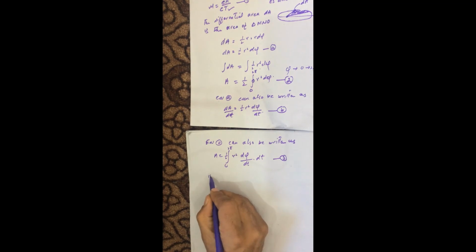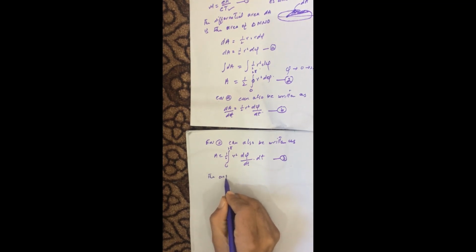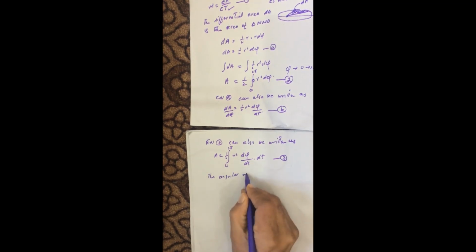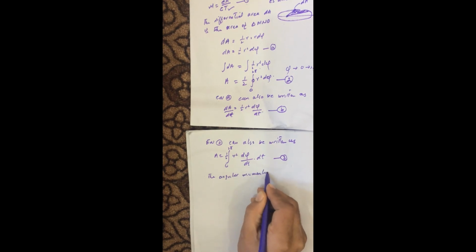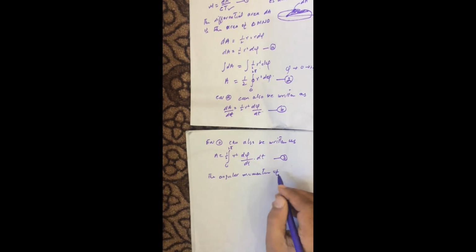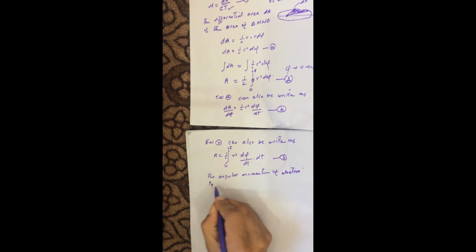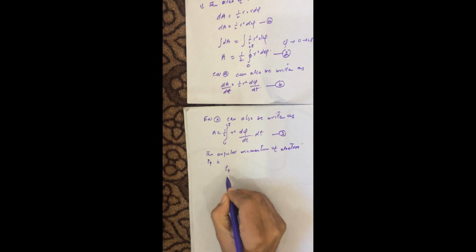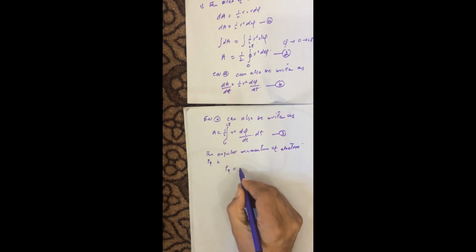But we also know that the angular momentum of the electron, which we represent by P phi, according to Bohr's second postulate, is equal to m v r. But we know that v is equal to r omega.